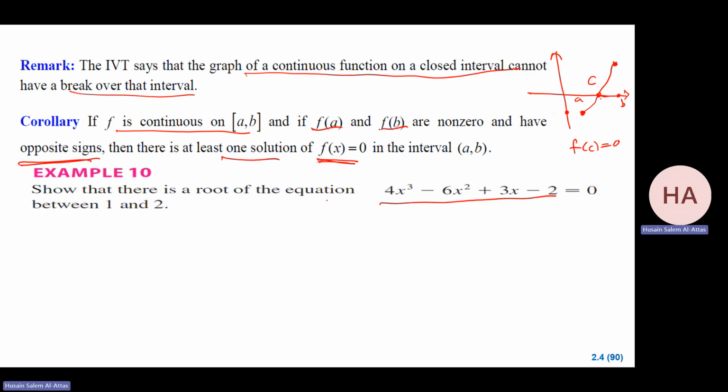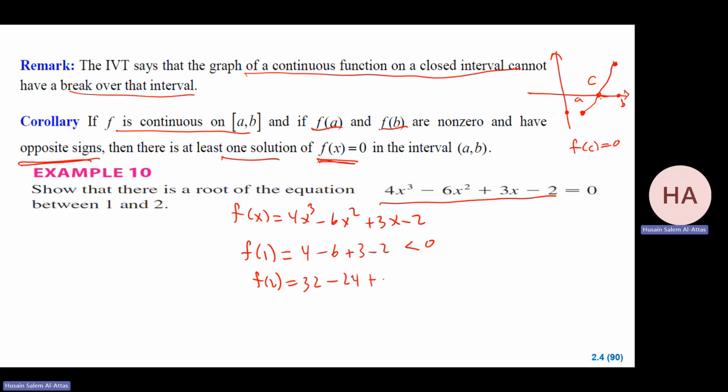Assume I have this, I want to check. So let me take f of x. This is my f of x. I will check f of 1. I need to check positive or negative, that's my concern. Plus 3 minus 2, this is negative 2 plus 1, this is negative. F of 2 will be 4 times 8, 32, minus 6 minus 24, plus 6 minus 2. Very clear it's positive.